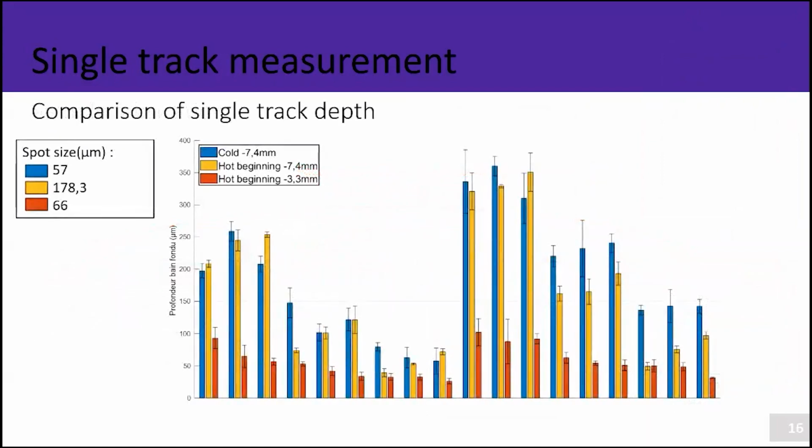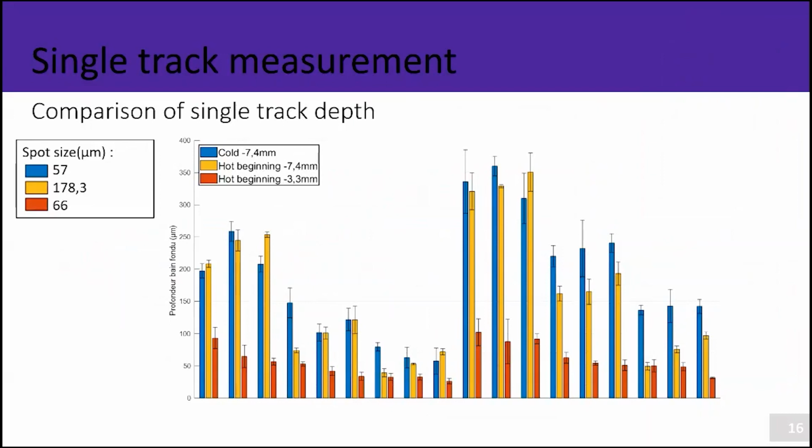So here are the results. One of the results is the depth of the cavity. I choose the depth of the cavity because it's the dimension of the melt pool which is the most representative of the keyhole. So here we can see in blue the cold state at the cold focal points.